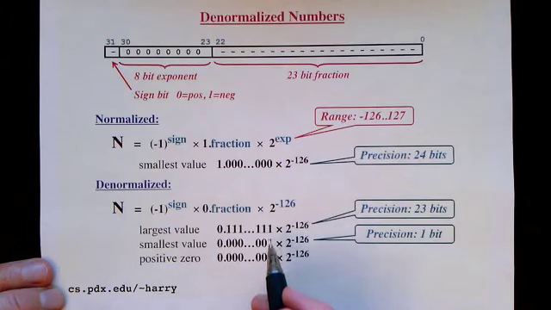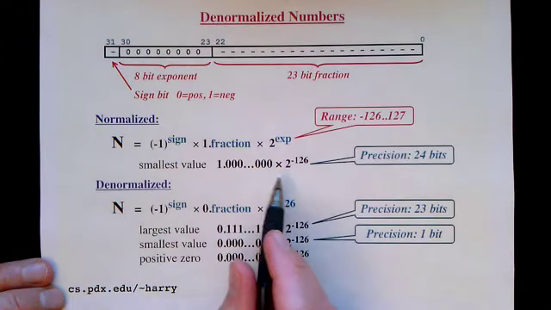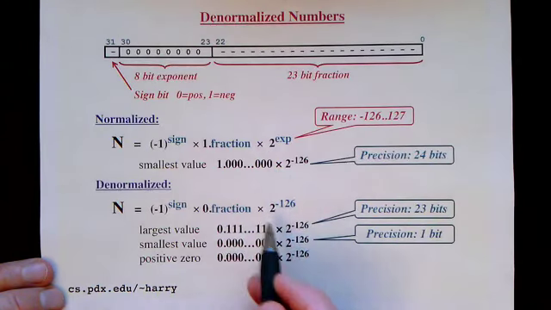And then if we keep getting smaller and smaller, we can't change the exponent. It won't go down any further. We're stuck at -126. But the fraction can go all the way down to 0.00001, and that is the smallest non-zero value that we can represent. Notice we had a precision of 24 bits up here, and then we got a little bit smaller and we lost 1 bit of precision.